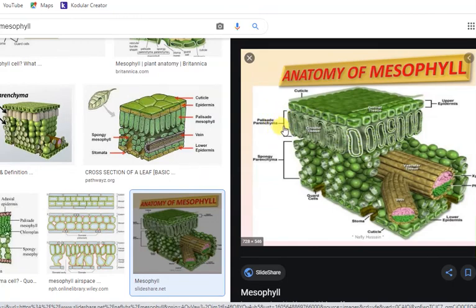So you see palisade parenchyma, or you can call it palisade mesophyll, and spongy parenchyma or spongy mesophyll. So we have two categories of mesophyll, the palisade and the spongy. All of these contain the intercellular air spaces, and they perform the function at the major levels of parenchyma, which we discussed.